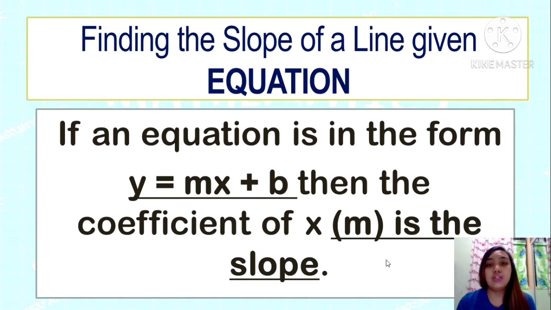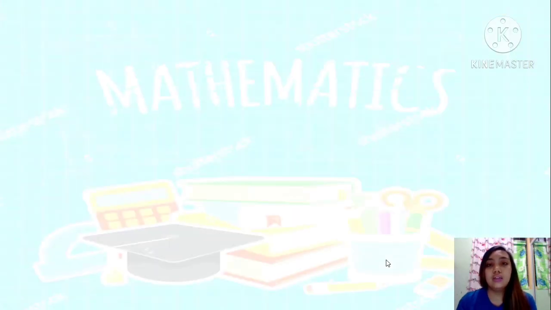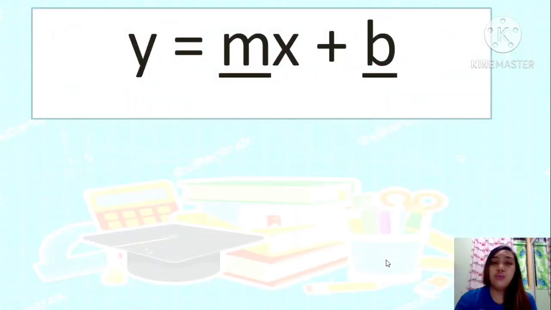If an equation is in the form of y equals mx plus b, then the coefficient of x, which is the m, is the slope. So, let us try to discuss it more. This is the formula or the equation that we follow to get the slope. It's easy. So, of course, where is the slope? The m.